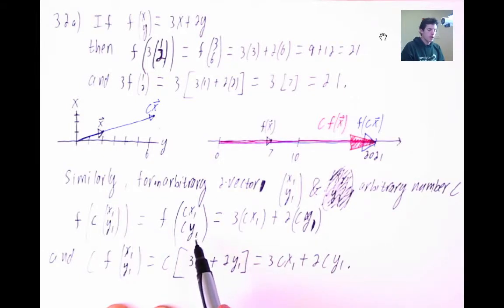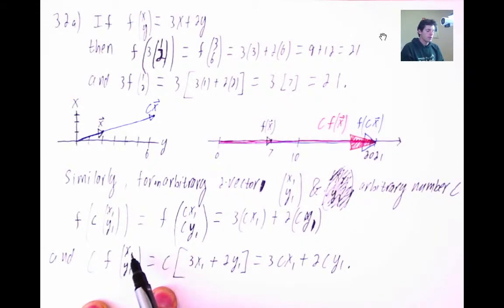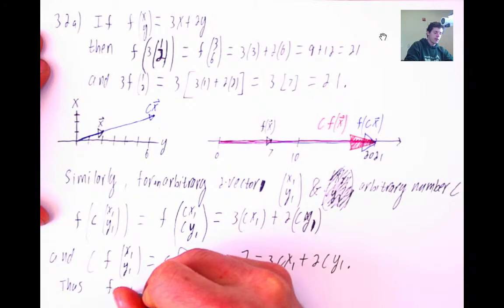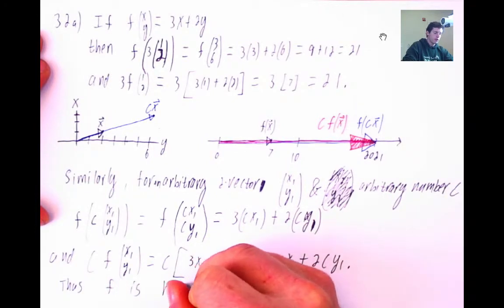And then we're ready to take the first component, second component, and replace them for x and y respectively there. 3cx1 plus 2cy1. And we're going to compare that to c times f of (x1, y1), this arbitrary vector. Then that'll give c times 3 times the first component plus 2 times the second component. And distributing, we get exactly the same thing. Now, I can wrap this up by saying, thus, f is homogeneous.